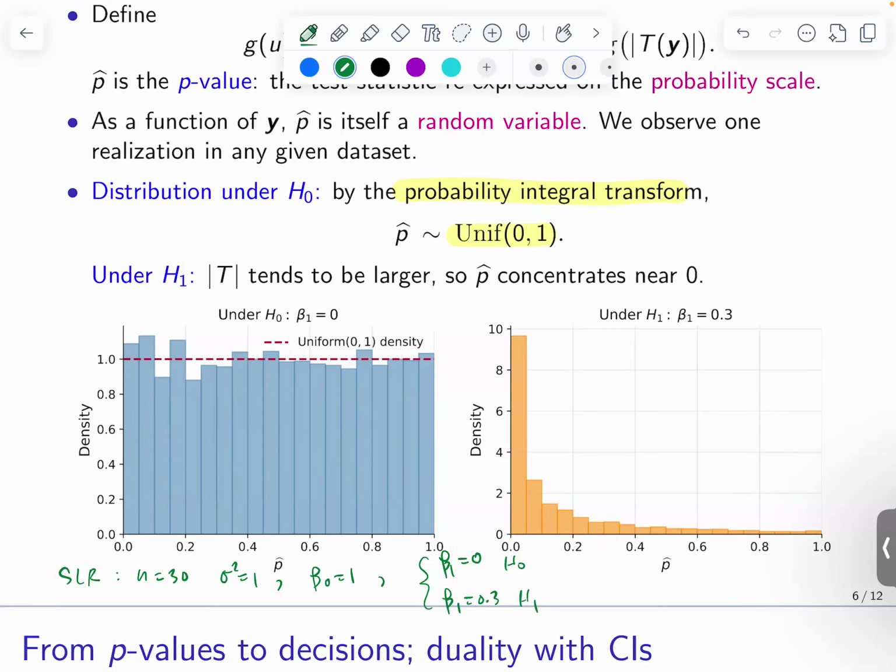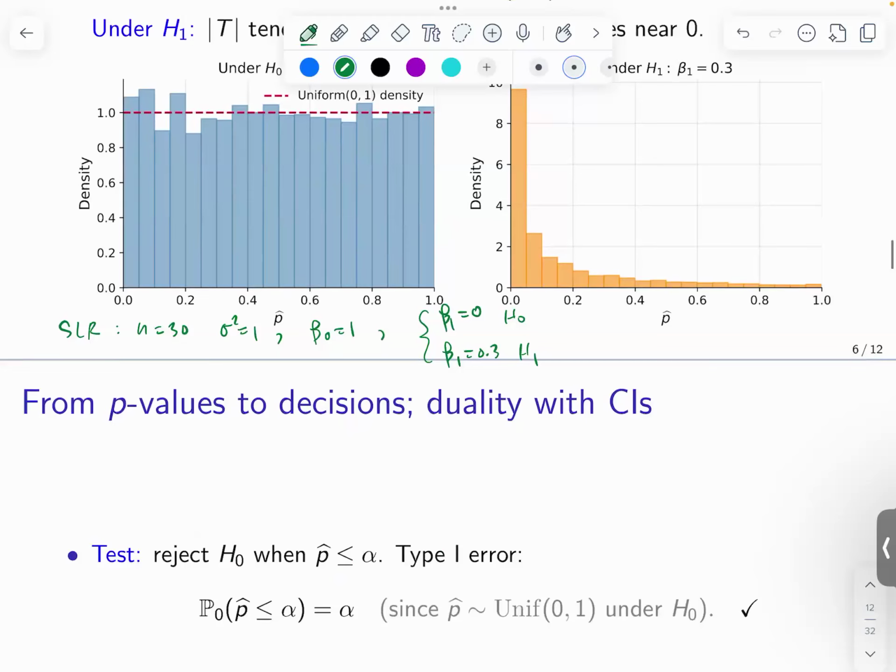My original decision was in terms of Ty. I claim that this is equivalent to now doing a new test in terms of p hat. p hat is a function of y, so I can calculate p hat. So this is going to be just p hat compared to alpha.